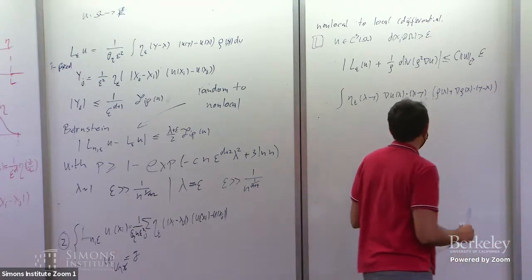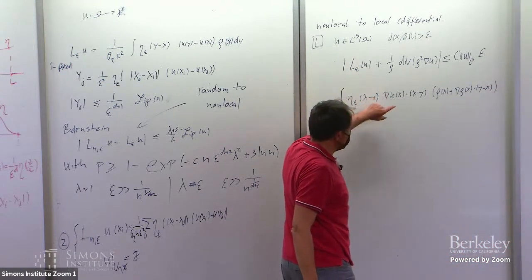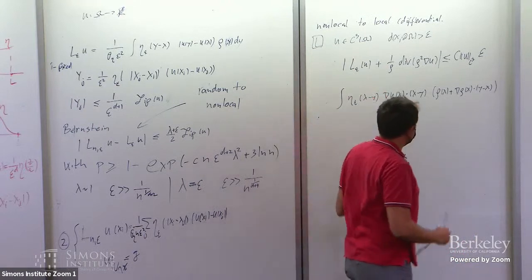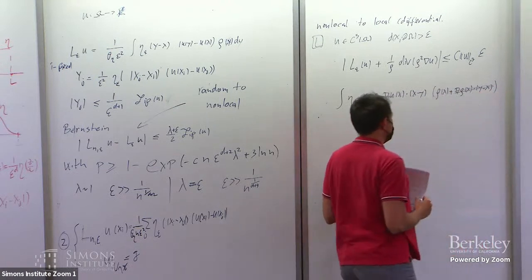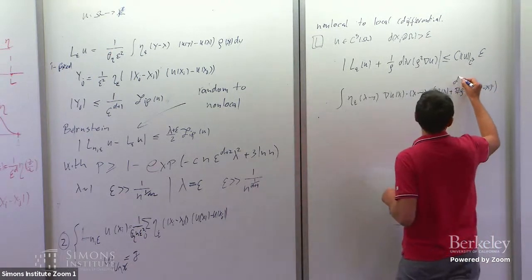I'm not writing the full thing out, because I need the second order term. The only thing that I'm pointing out is that this term will give me something, so I'm going to forget about it for now. And I integrate against dy.